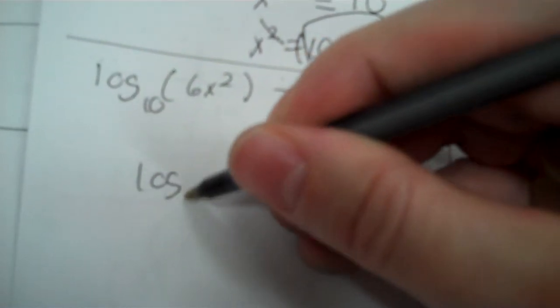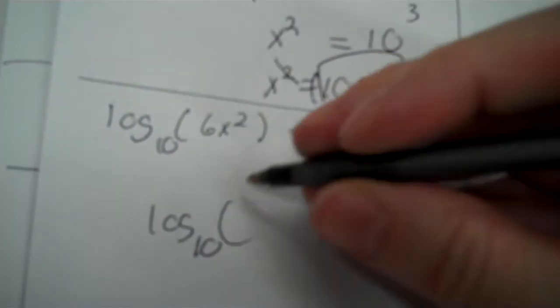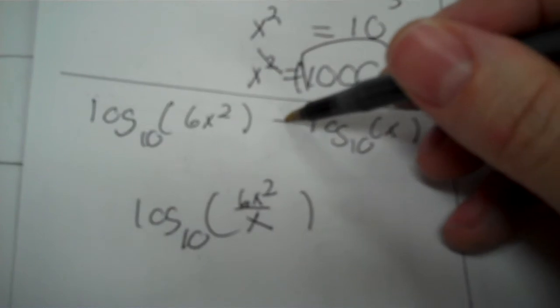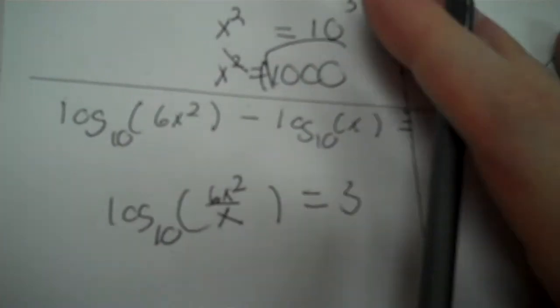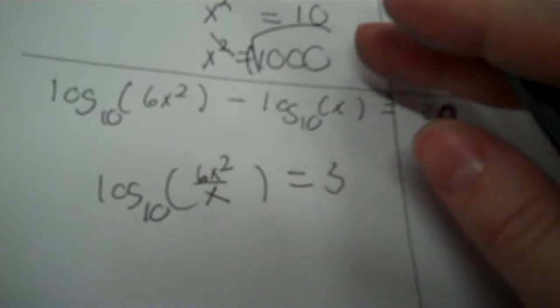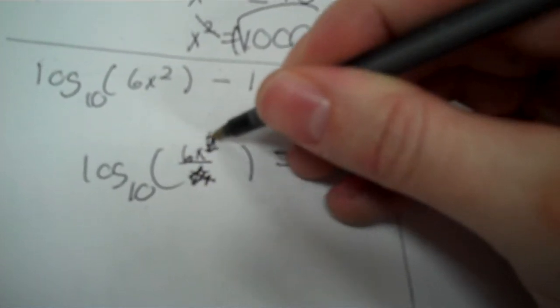Next up, base 10s on those logs. I go 6x to the second divided by x. If that was plus, I would times it by x, but it's divided by x. 6x to the second divided by x. The 6 stays, okay, and that just becomes 6x.